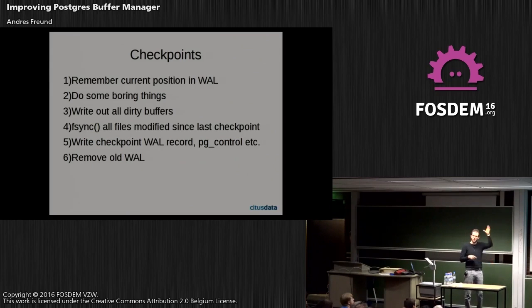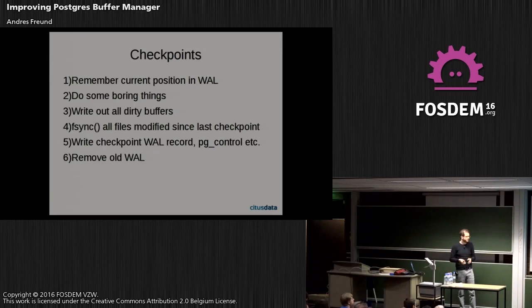And these checkpoints basically require that we go through the whole shared buffers that hold potentially thousands to millions of pages, and see which ones are currently dirty. And all the dirty pages have to be written out to disk. And if you have a shared buffer setting of, say, 500 gigabytes or something, that obviously can take a while.